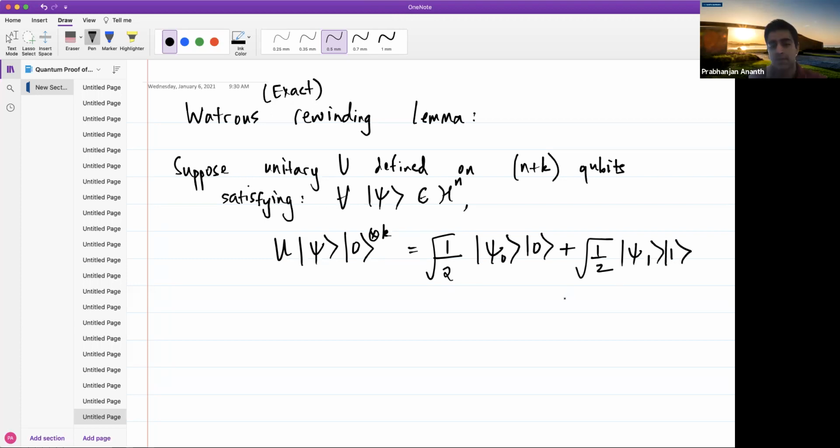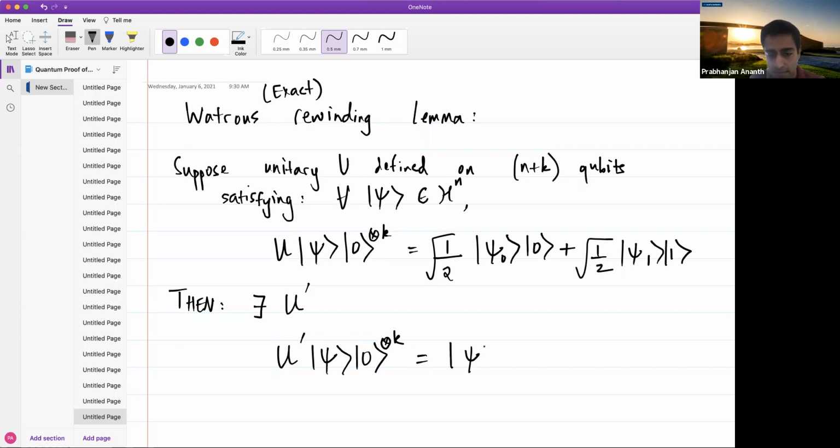Then what Watrous rewinding guarantees is that there exists another unitary, U prime, such that U prime on psi outputs some state psi prime, such that psi prime is close to psi 0 in trace distance.